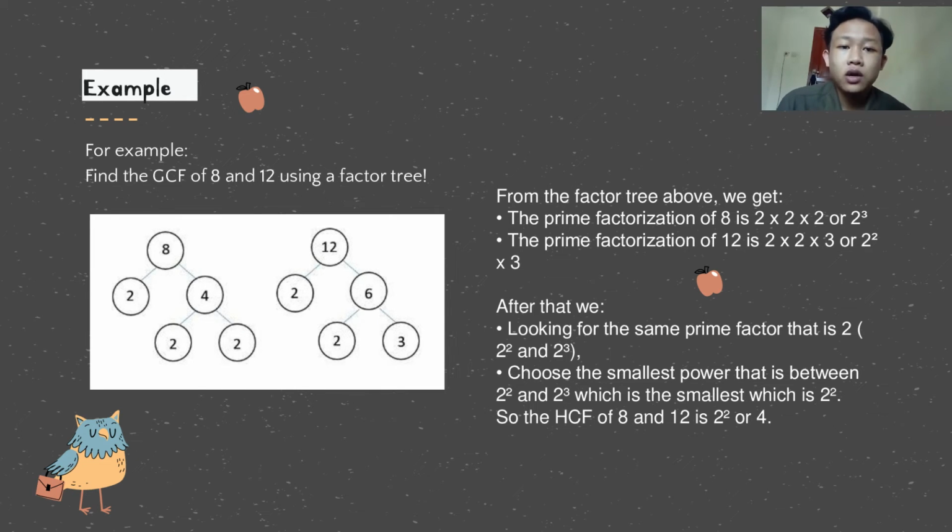Choose the smallest power, which is 2 to the power of 2. So the GCF of 8 and 12 is 2 to the power of 2, or 4.